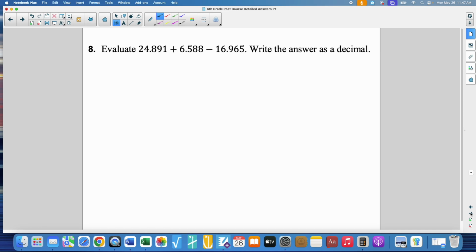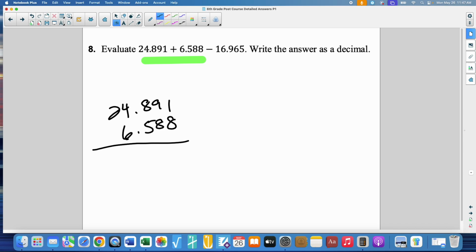All right, number 8, evaluate 24.891 plus 6.588 minus 16.965. Write the answer as a decimal. All right, so order of operations. I'm going to do the addition first, not because we like addition, but because it came first left to right. So I'm going to add these two, 24.891 and 6.588.